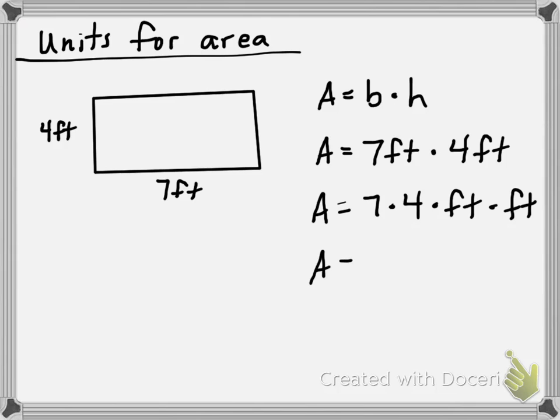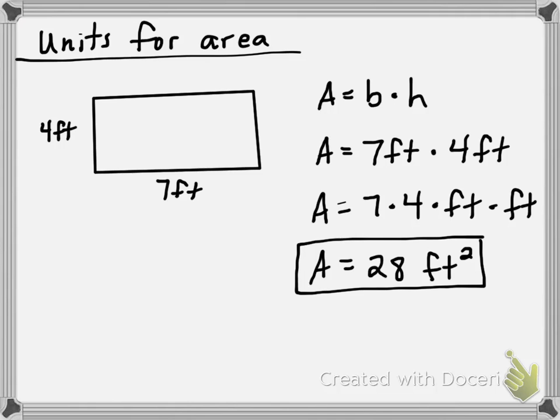Well, 7 times 4 is 28, and feet times feet is feet squared. Notice what happened to my unit. It is squared. It is feet squared, or meters squared, or inches squared. It's always units squared.